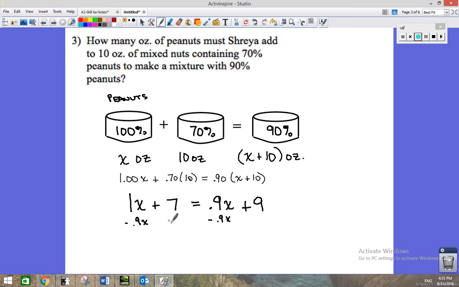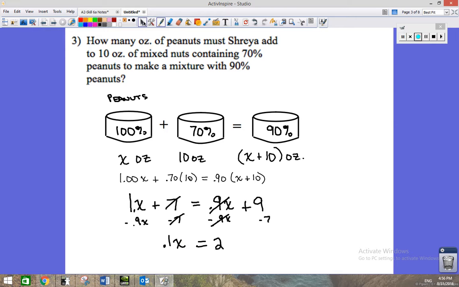And let's subtract 7 from each side. So on the right-hand side, these guys just cancel each other out. 9 minus 7 is 2. On the left-hand side, the 7 minus 7 cancels each other out. And 1 minus 0.9 is 0.1.